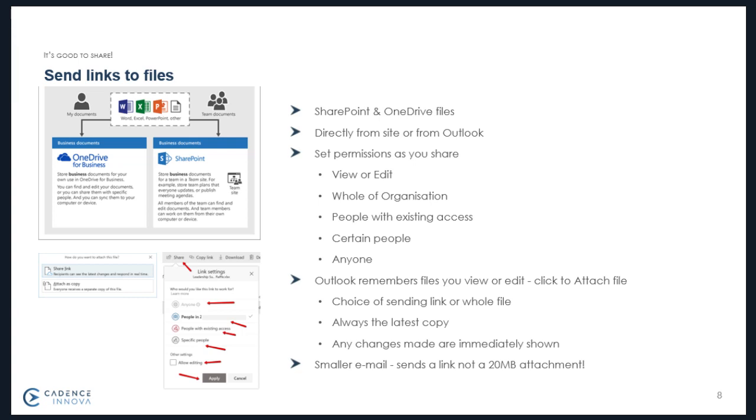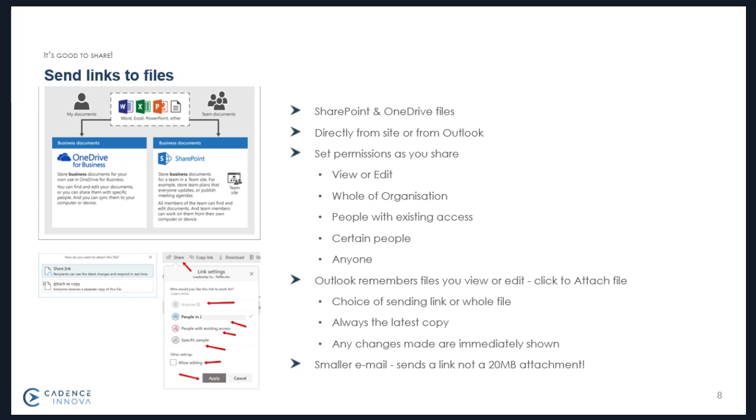Those sharing pieces, by the way, when you insert the link into an Outlook email, it will show you who has got permissions to that file or how you're going to be sending that. Depending on what's been set for your organization, it could be that the whole organization has ability to edit that file or view that file. You can change that to make sure it's only certain people or whether it's anyone or whether you want them to be able to view or edit or download the file.